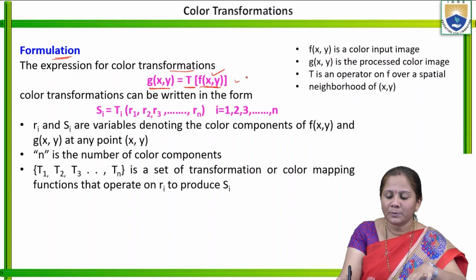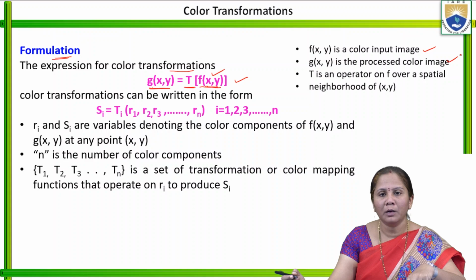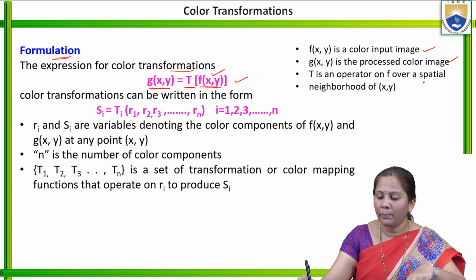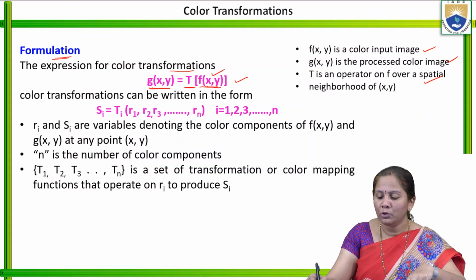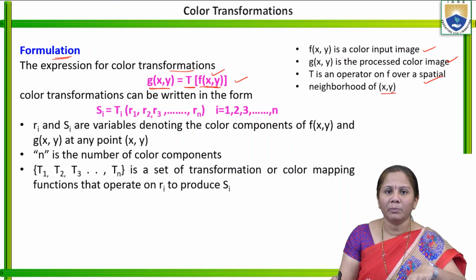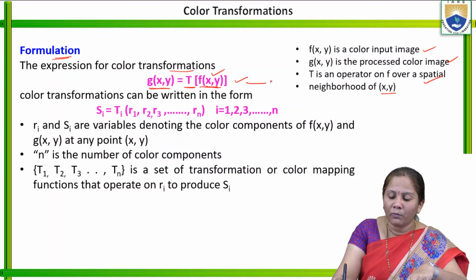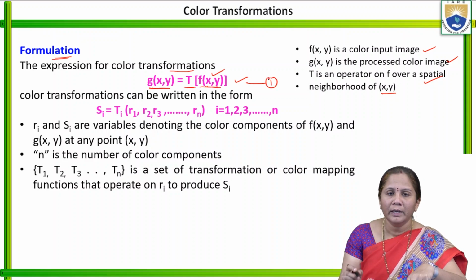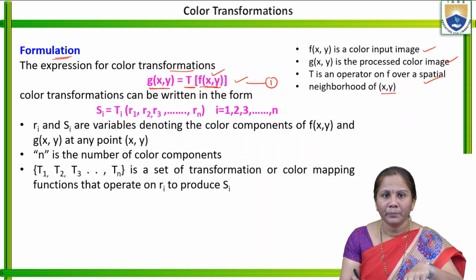So based on this expression, f of x comma y is the color input image, g of x comma y is the processed color image or the output image, and T is the operator that we are going to apply on the image f throughout the neighborhood of x comma y. Now, this is one form of representing. In another way, we can also represent color transformation.